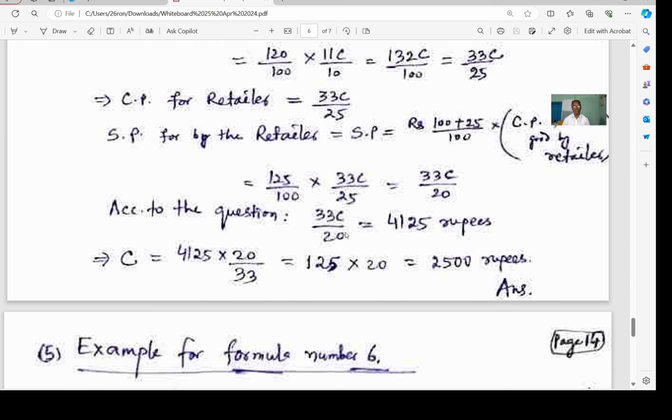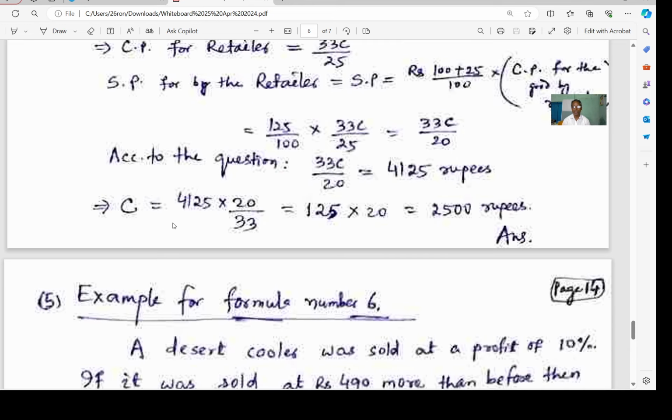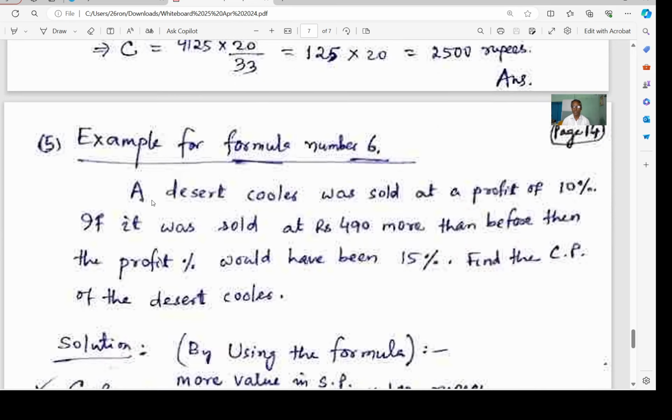According to the question, 33C/20 equal to 4125. So C equals 4125 multiplied by 20/33. This 33/20 is multiplied inversely. This is equal to 125 multiplied by 20, equal to 2500 rupees.